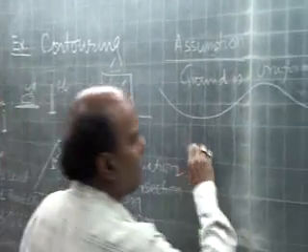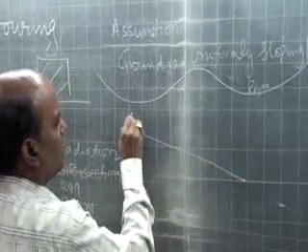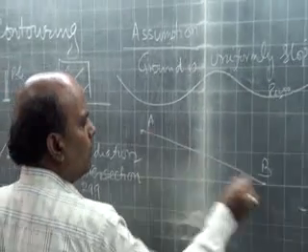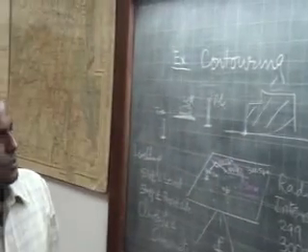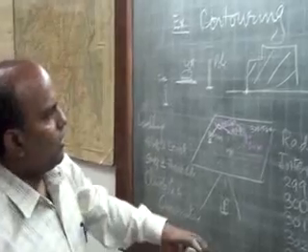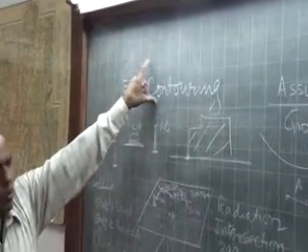So if the ground is sloping like this, we know the elevation of this point A, we know the elevation of B point, and we can do a linear interpolation in between. So using linear interpolation technique in the entire area, we can join the points of equal elevation, and that is called contour.